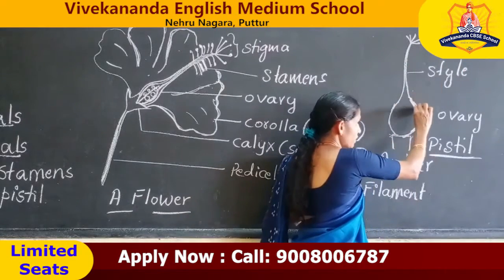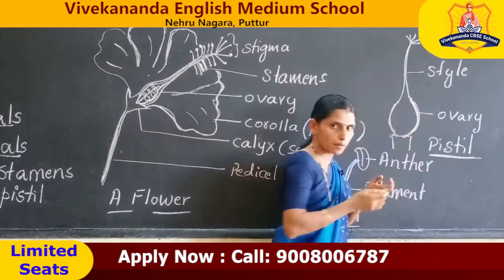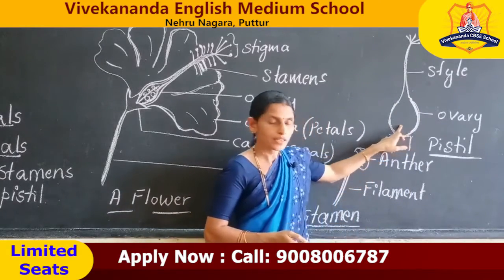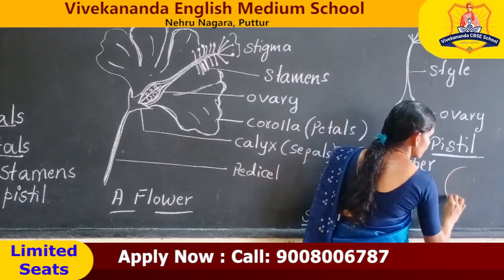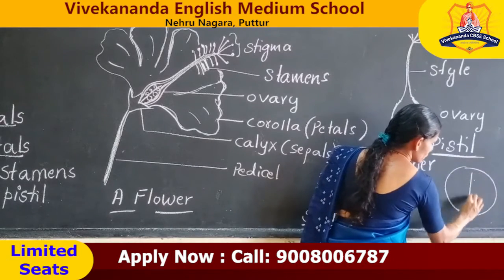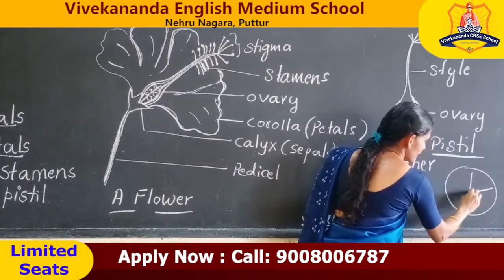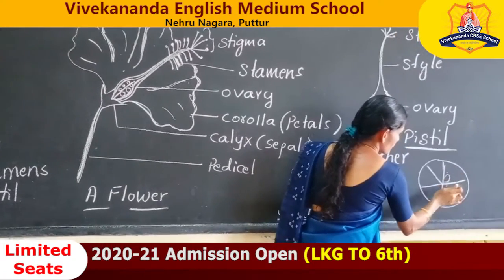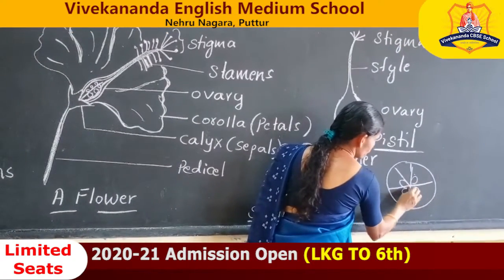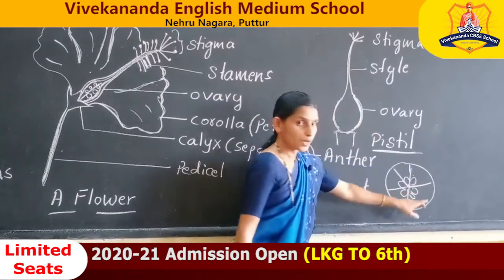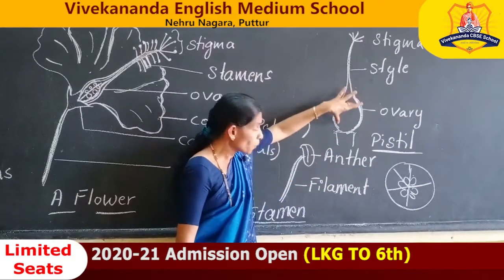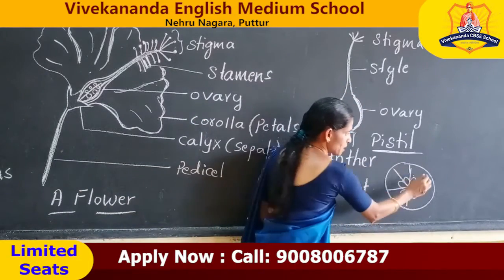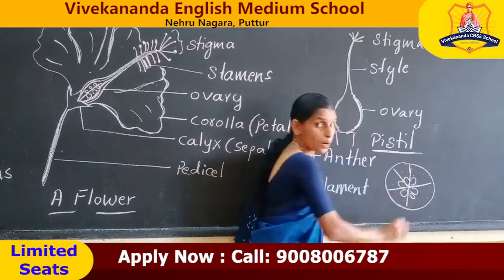When we cut open the lower part of the pistil, that is the ovary, inside the ovary there are 5 chambers. When we cut open the ovary, we can see 5 chambers: 1, 2, 3, 4 and 5.